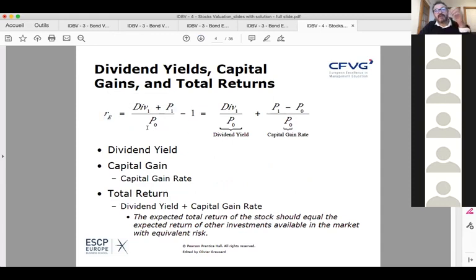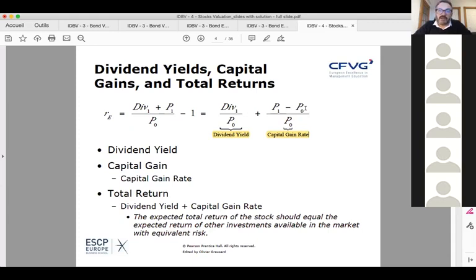So we can redistribute the cost of equity, and we can say that RE is linked to two things: what we call the dividend yield, which is the dividend in percentage of P0, plus P1 minus P0, which represents the gain in value of the share when you sell it in 1 year.